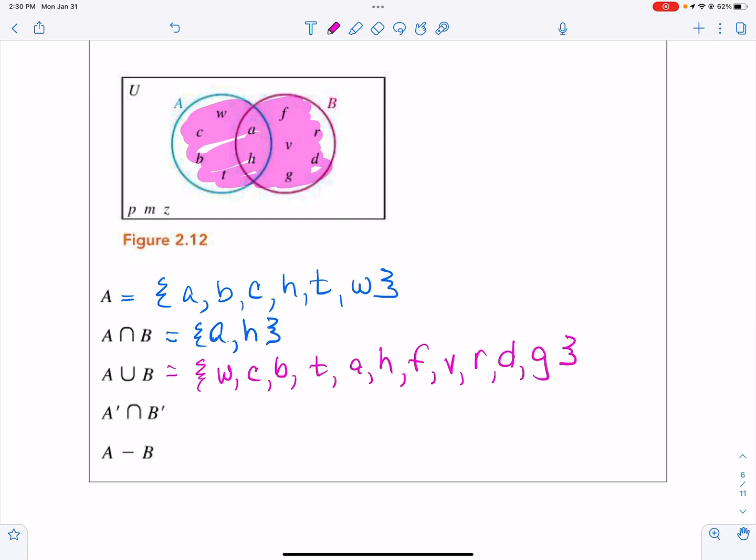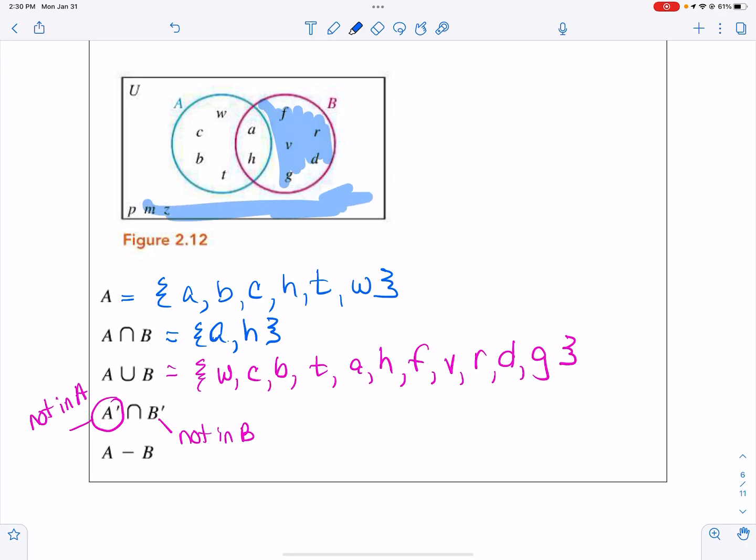All right, so now this one's a little bit tricky. We want everything that's not in A. That's the complement. And then we want to put it together with everything that's not in B. So I'm going to come up here and shade what's not in A. So it's this and this.